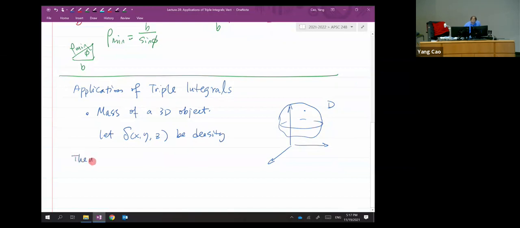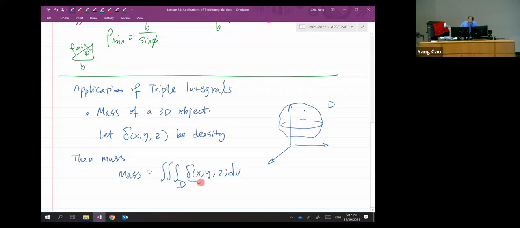The mass is equal to the integral of the density over the region D, and you get the total mass.